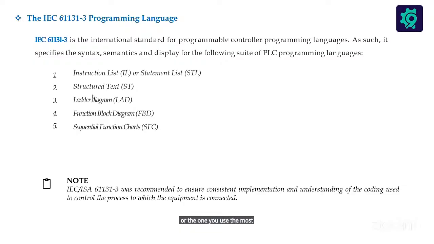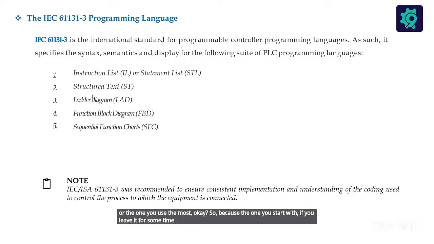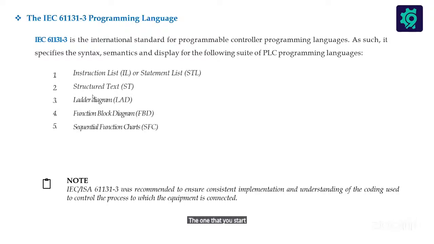If you leave the one you started with for some time and become more conversant with the other, you're most likely going to like the one you use the most. But if the rate of usage is the same, there is a possibility that you like the one you started with the most, especially when it comes to Siemens and Allen Bradley debates.